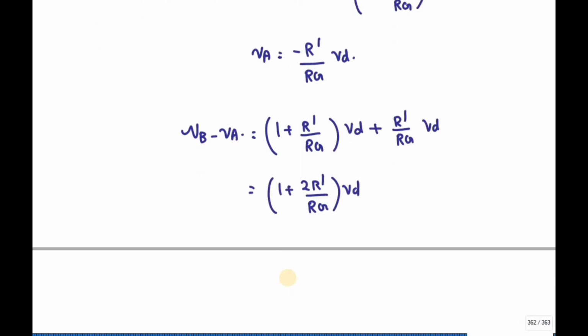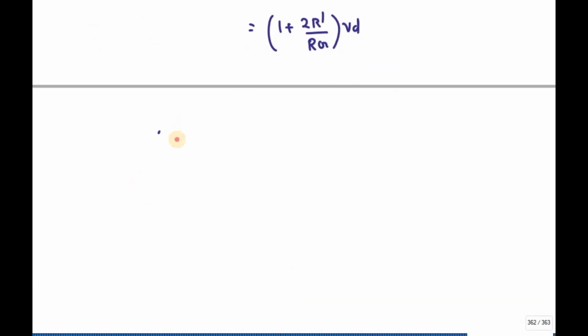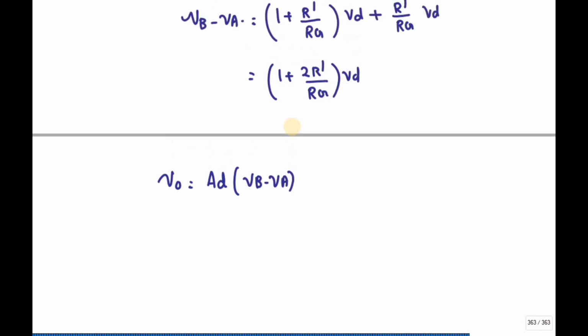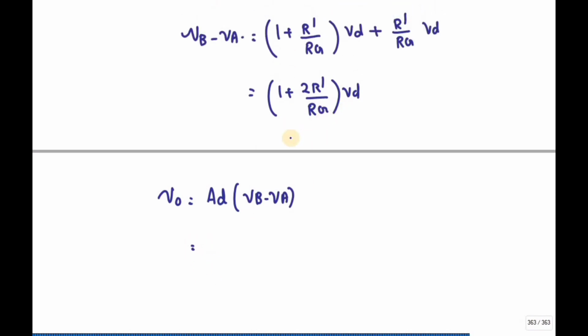So now I can write what is V naught? V naught is equal to AD of VB minus VA, right? VB minus VA is 1 plus 2R dash divided by RG into VD. What is AD in the first stage?